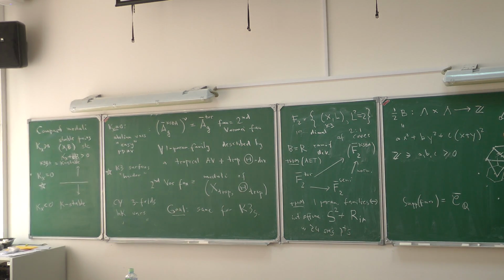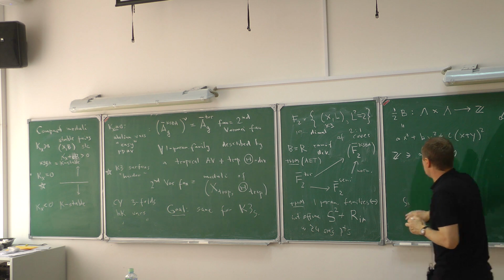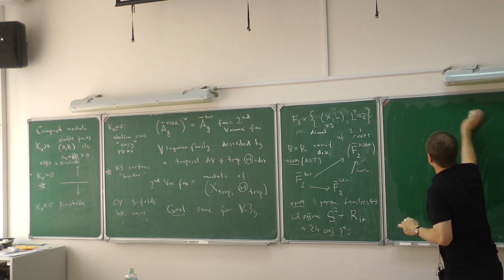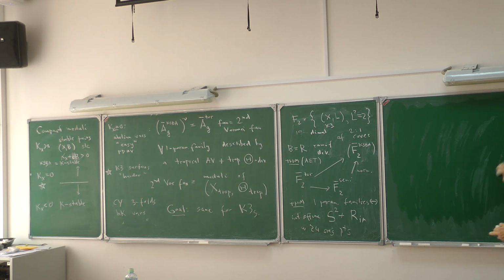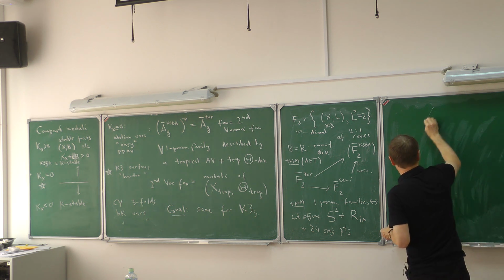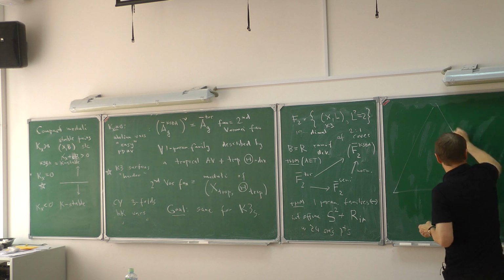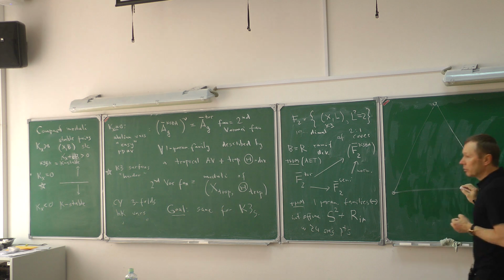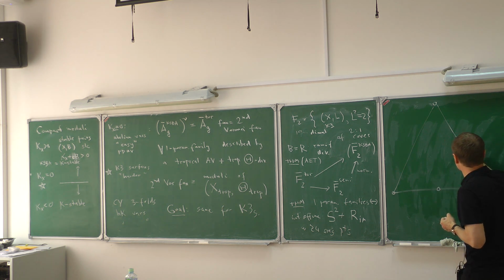So I will start with generalizing this Coxeter diagram. For abelian surfaces, it's just this triangle, affine A1 tilde. And for these K3 surfaces, it's a little more complicated. Here's what it is. There are 24 nodes in this Coxeter graph.